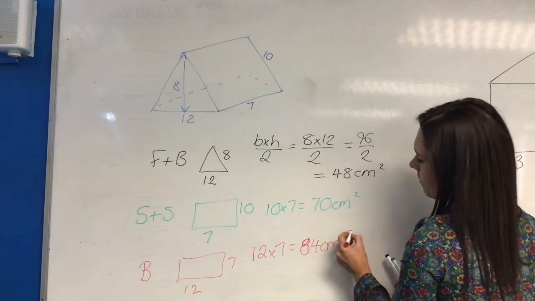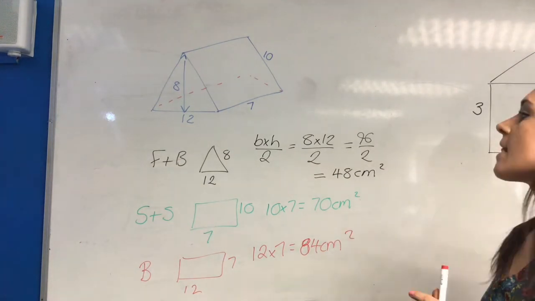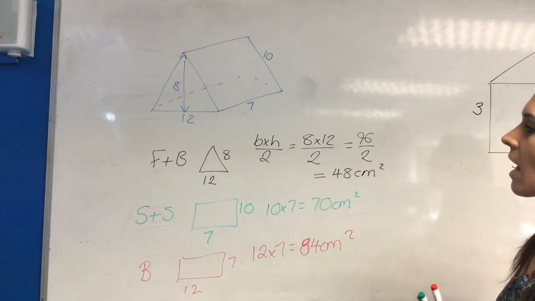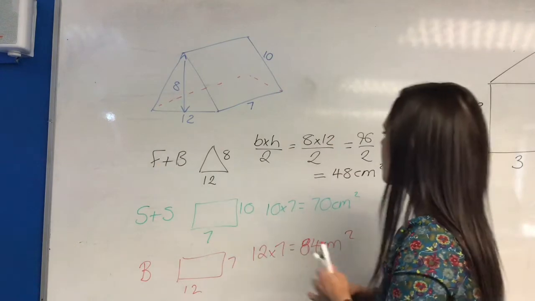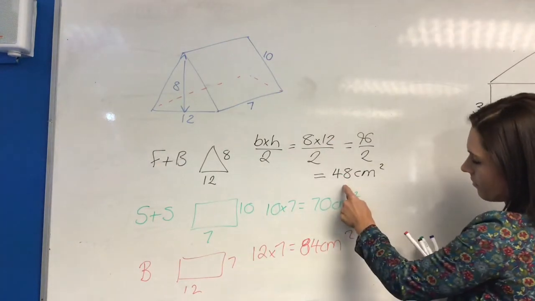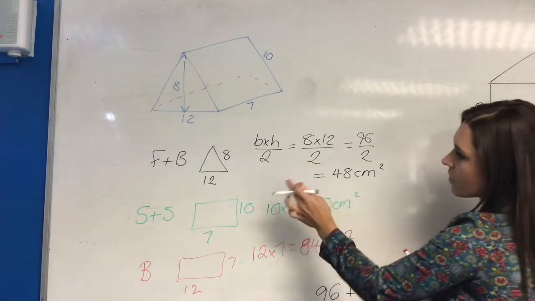84 centimetres squared. So when we go to add them up, we need to think how many of these sides are there of each. We have a front and a back, so we need to double this one. It's back to 96 to get the value of both sides.